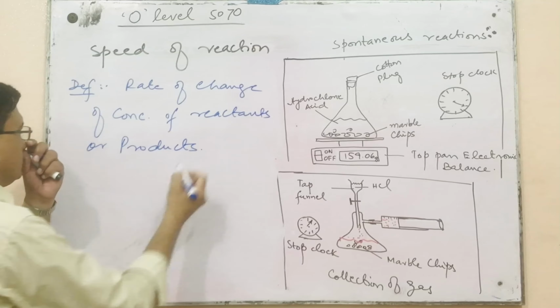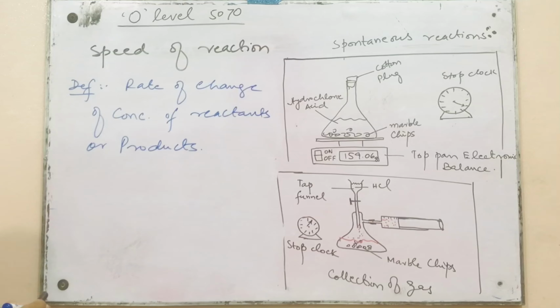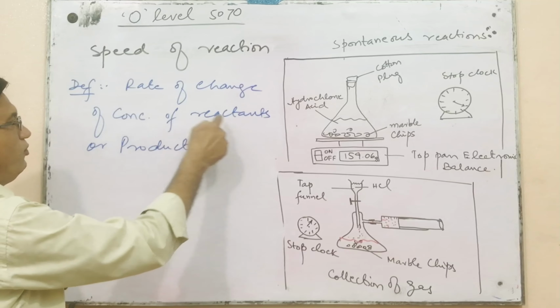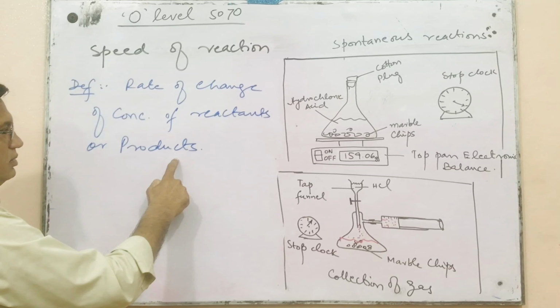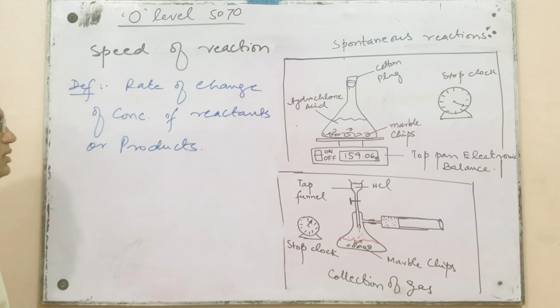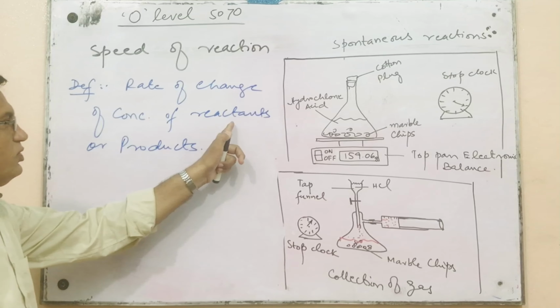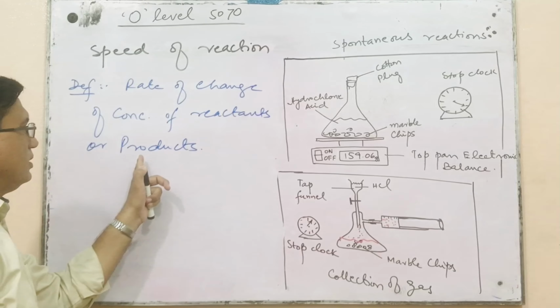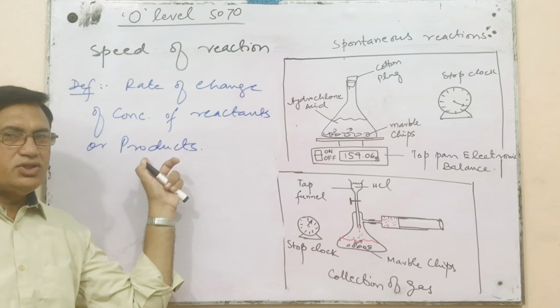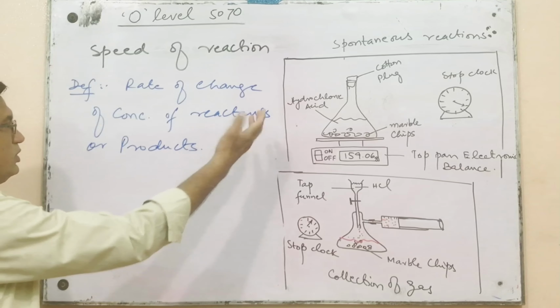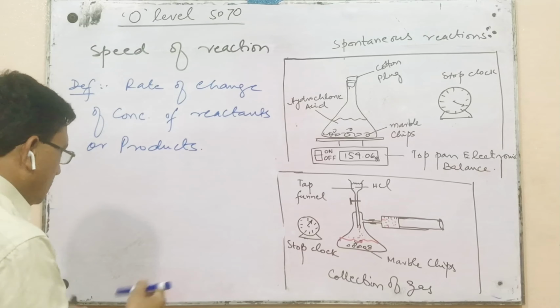This is called rate of reaction. The definition is rate of change of concentration of reactant or product. Either the change in concentration of reactant we can take, or the change in concentration of products. Both have the same meaning.